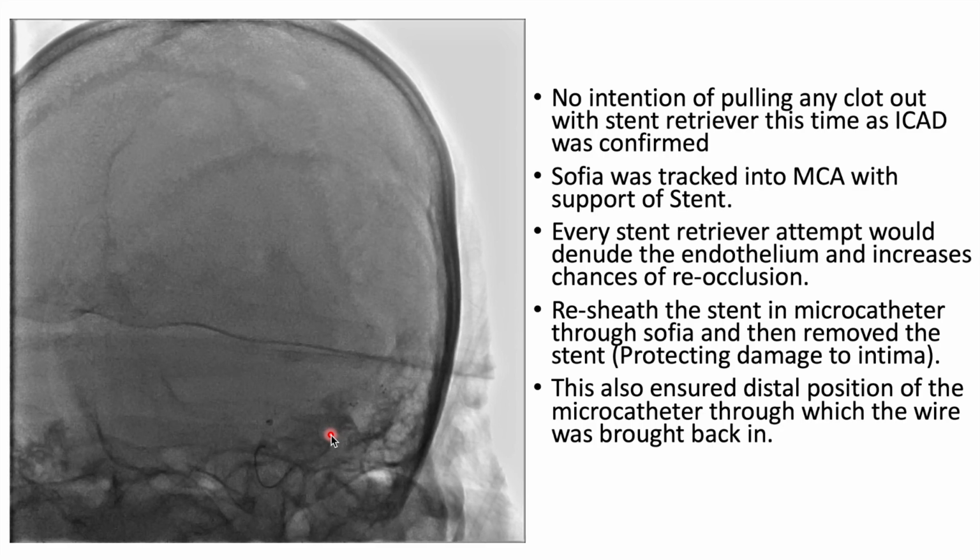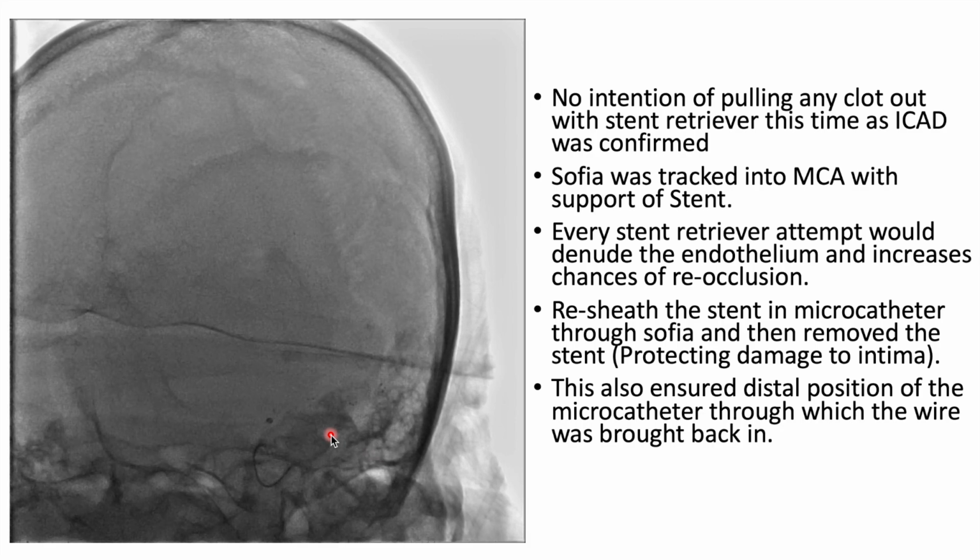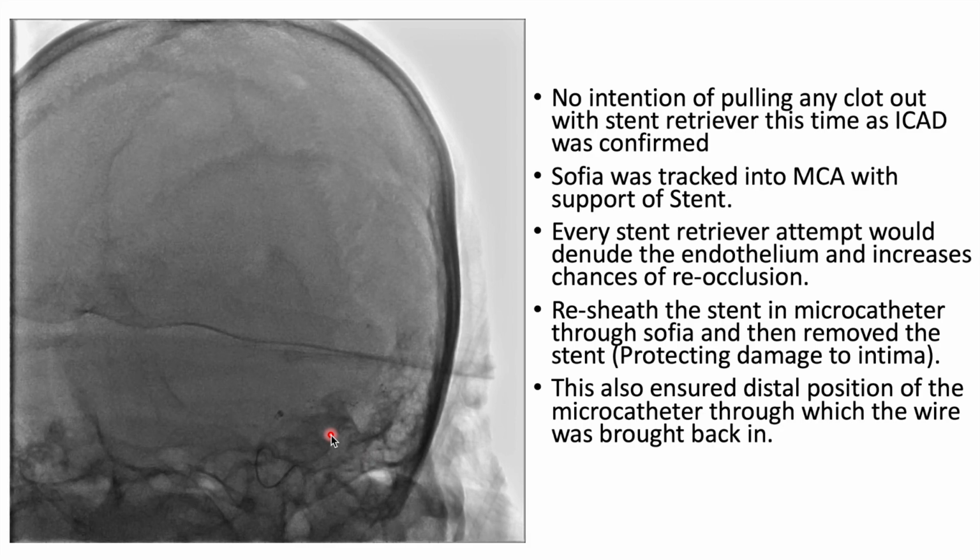And then once the stent was removed, through the same microcatheter, I placed my wire back in, and I removed my microcatheter. So now I have my wire in place, I have Sophia right in MCA-M1, just proximal to the critical stenosis, and I've got a guide catheter in place.